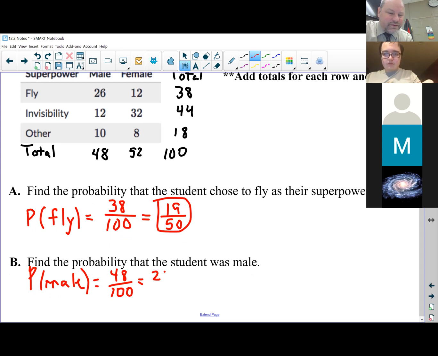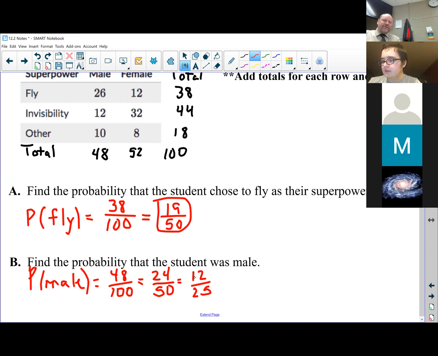All right. Does 24 over 50 reduce? Yeah. Okay, by 2, 12 over 25. And guess what I'm going to ask now?